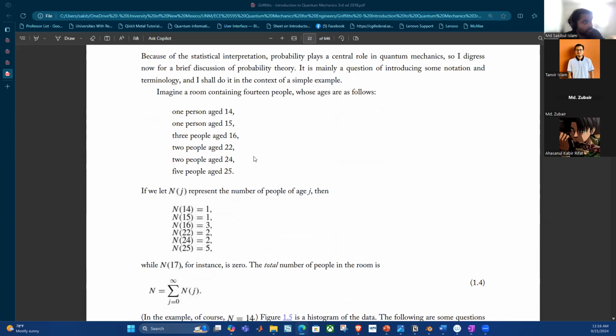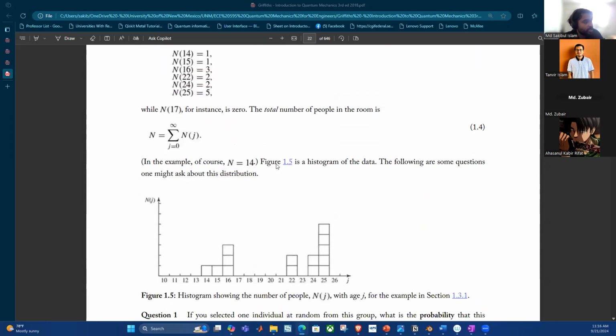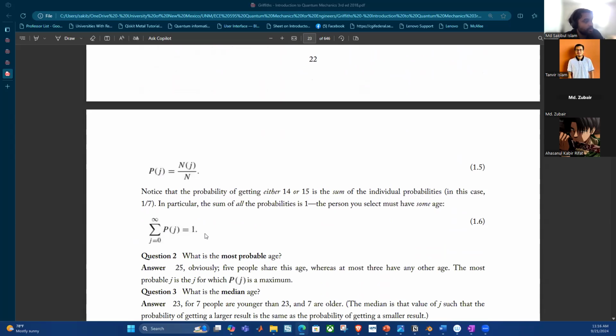If you sum over all these categories, you should end with 1. So it is universal. We know that probability cannot be greater than 1. It should be less than or equal to 1.